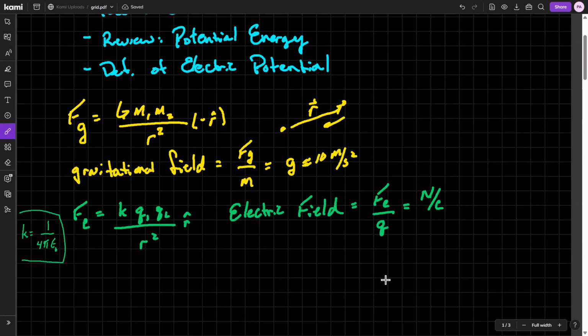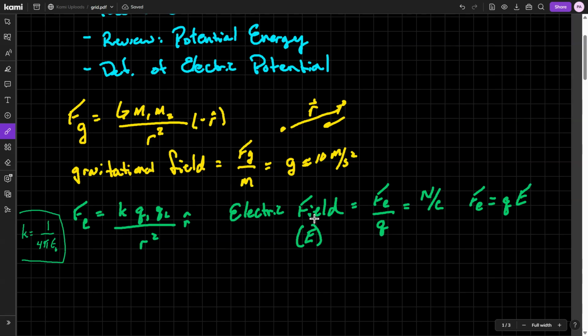But we really like to write it like this: the electrical force equals our charge times E, capital E, which is our variable for our electric field. So the newtons on our charged object equals the charge on that object times the electric field that it's in.